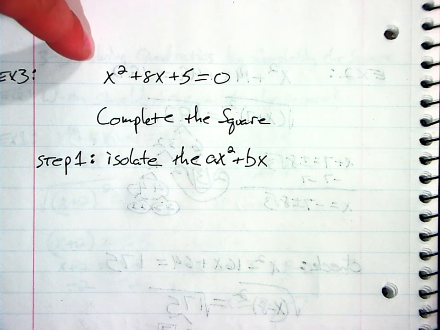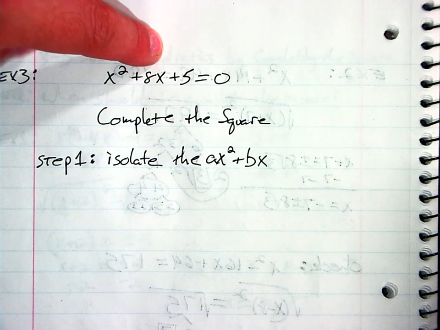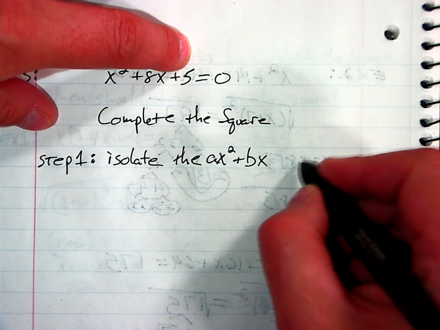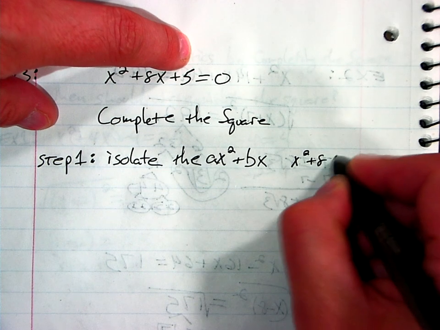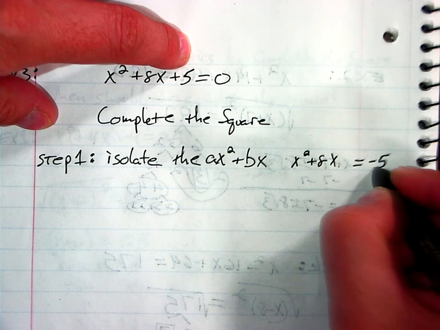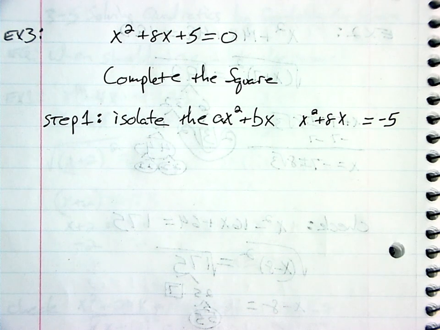It would be x squared plus 8x, correct? So how do I get rid of a plus 5? Perfect. So what I would do is x squared plus 8x equals negative 5. All I did is move the negative 5 to the other side of the equal sign.